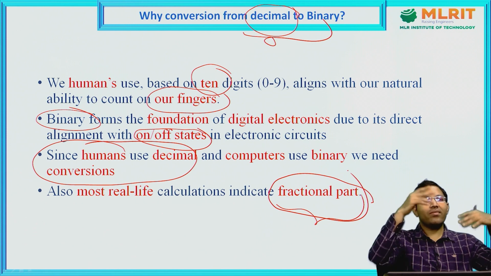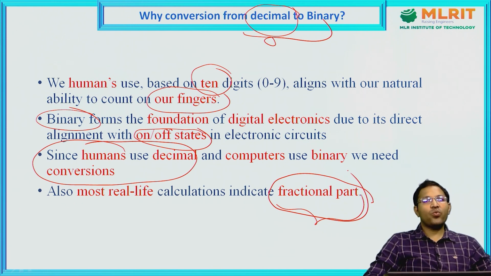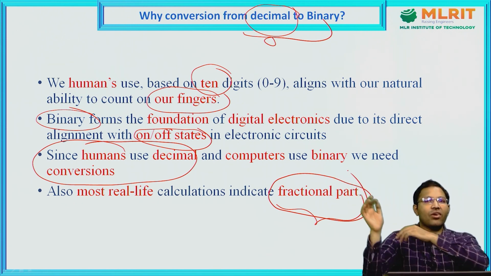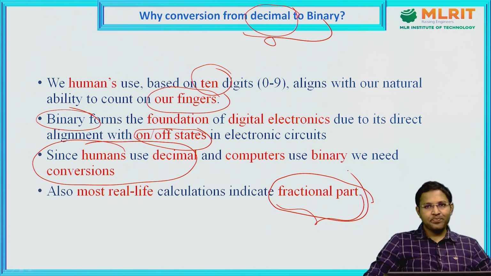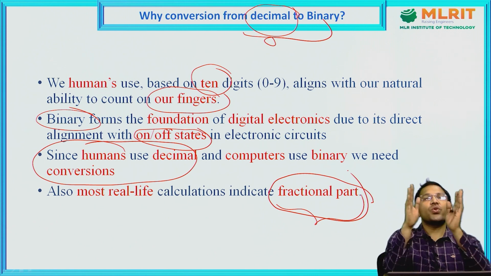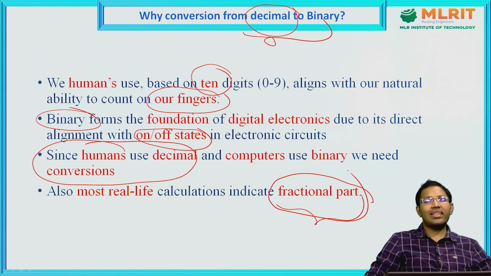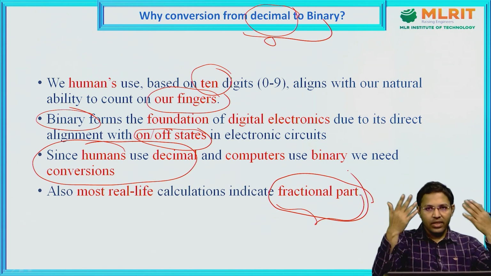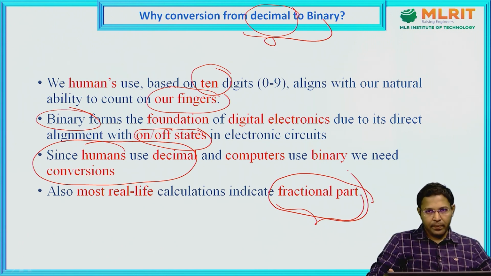Suppose you want to find the average percentage of the entire class, then one could have 67.26 percent, another 84.2 percent, another 96 percent, and you have to take the average of all these including the fractional parts. We will use computers to make our job easy, right?